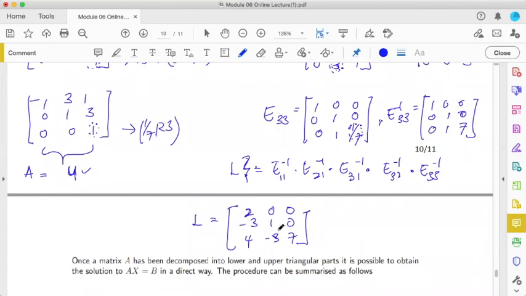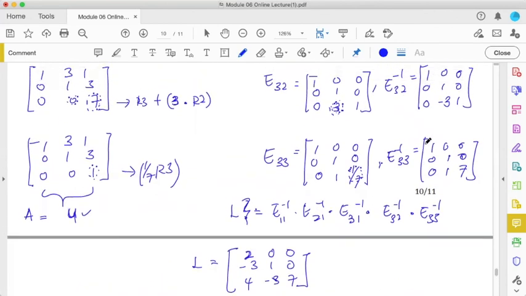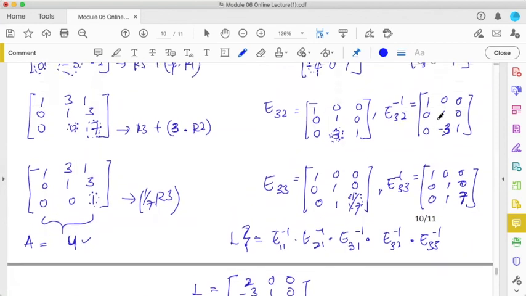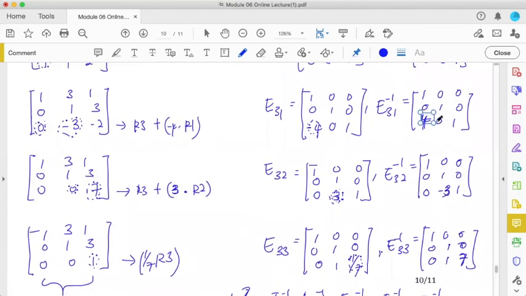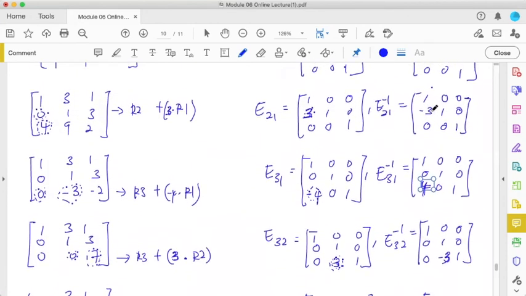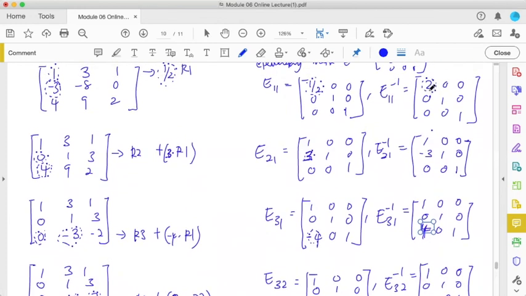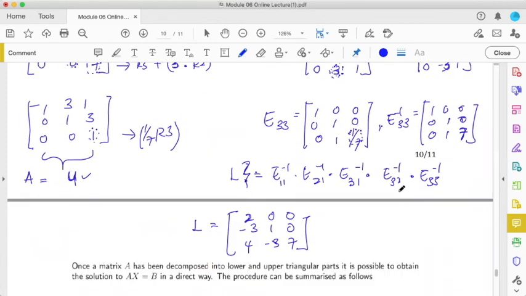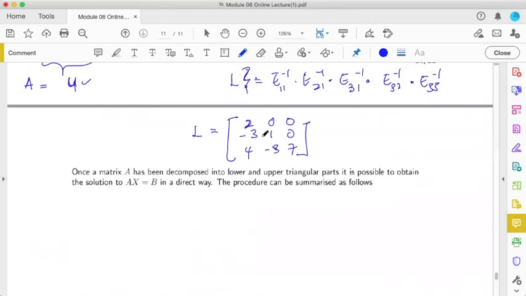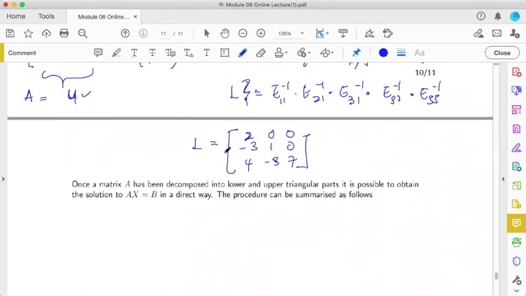You get this by combining all these inverse elementary matrices, where you have 7 in here, -3 in here, and 4 in that, -3 in these coefficients, and finally you got 2 in that coefficient. So you just combine into a single matrix. That would be your L matrix.